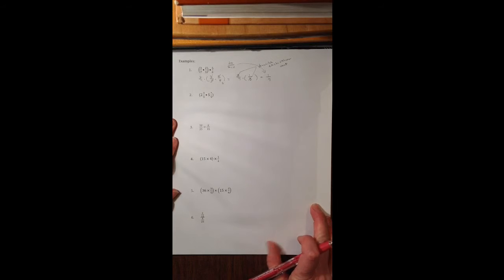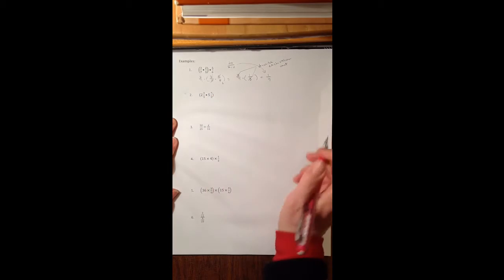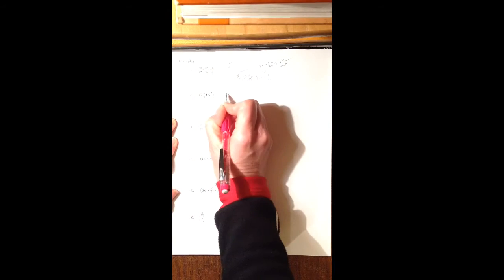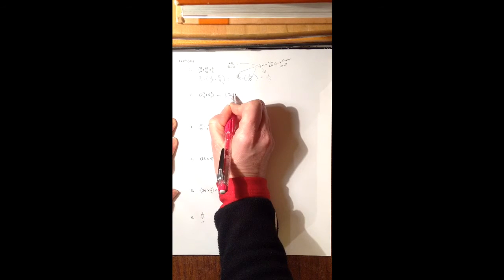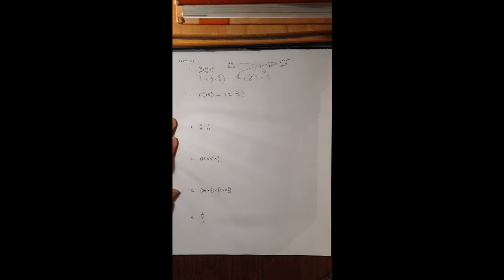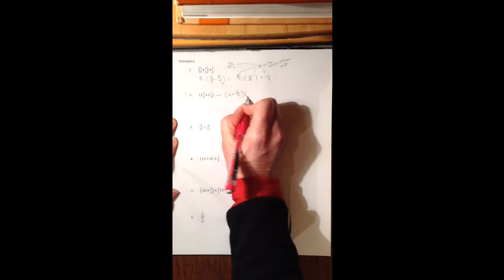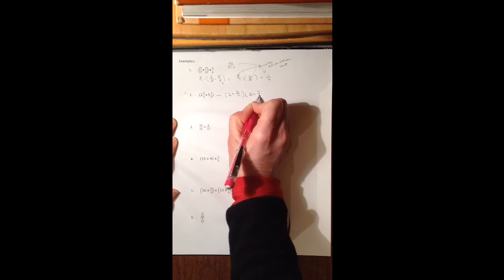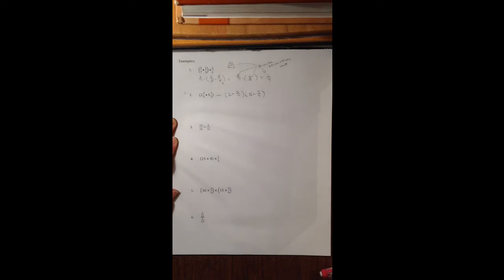Now, number 2 is tricky. You have to think carefully about number 2, because you know that 2 and 3/9 really means 2 plus 3/9, and 5 and 7/9 really means 5 plus 7/9.